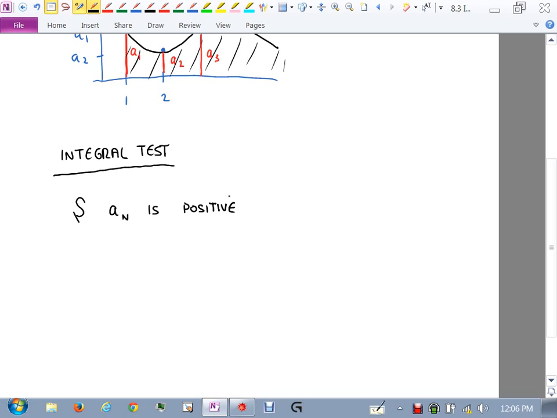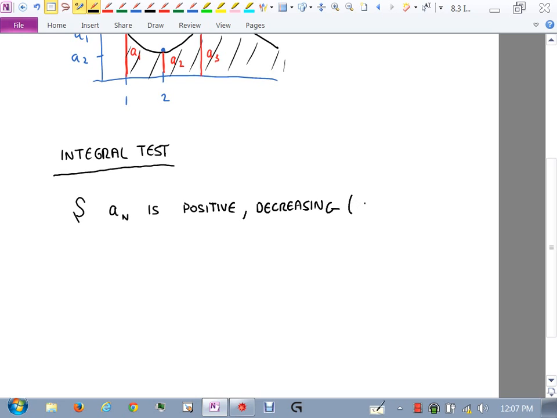What do we mean positive? Greater than 0, right? It's not going to give you negative values. So all your dots have to be above the x-axis, you could say. It's positive and decreasing. That's another very strong condition.